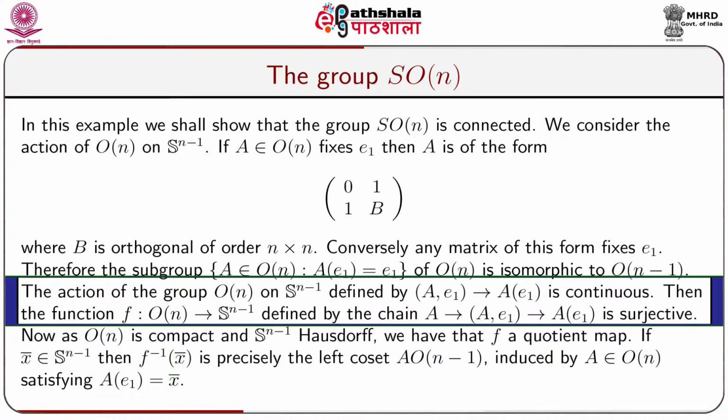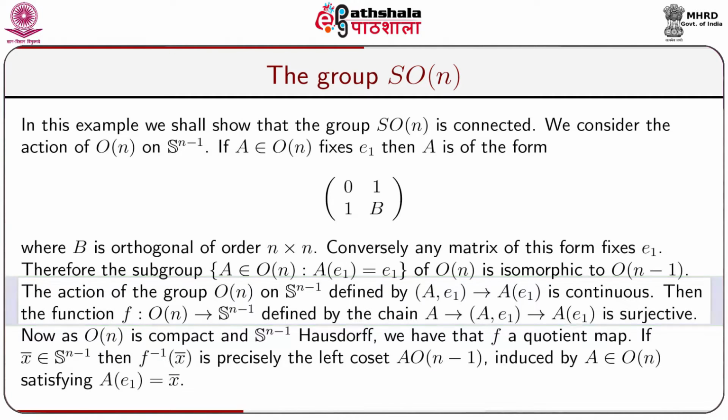The action of the group O(n) on S^(n-1) defined by A, e1 goes to A of e1, is continuous. Then the function f from O(n) to S^(n-1) defined by the rule A goes to A of e1 is surjective.